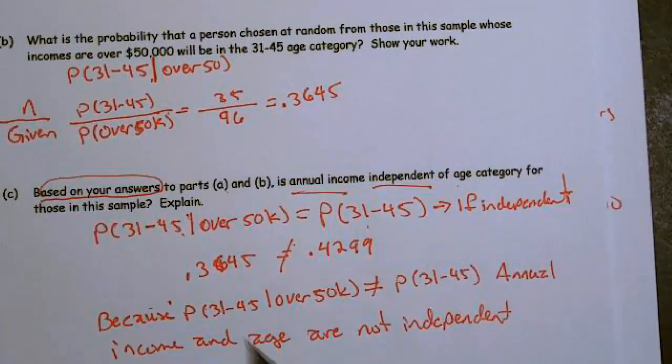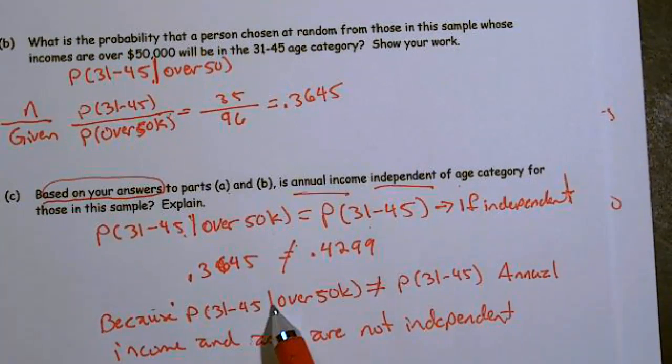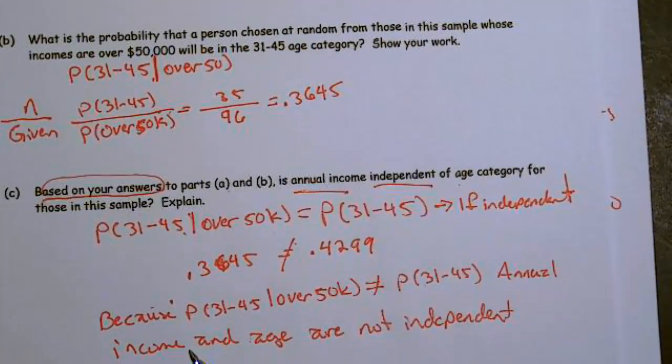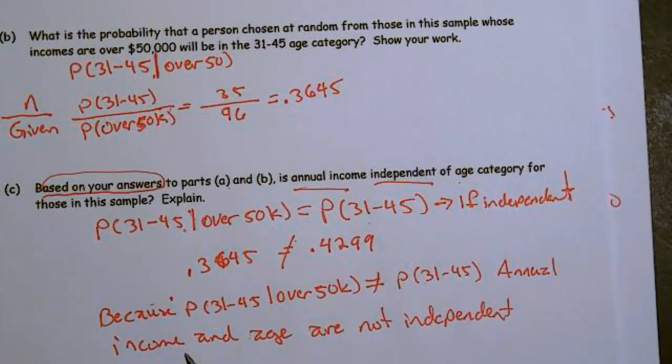Because the 31 to 45 category given over 50,000 does not equal the probability of 31 to 45, annual income and age are not independent.